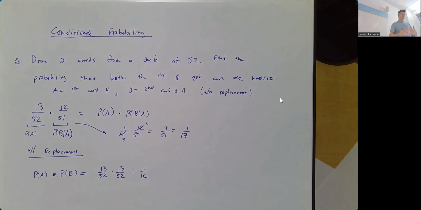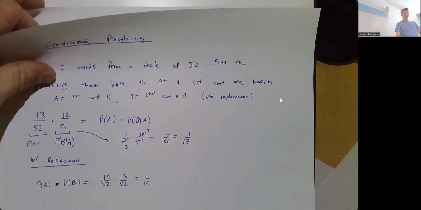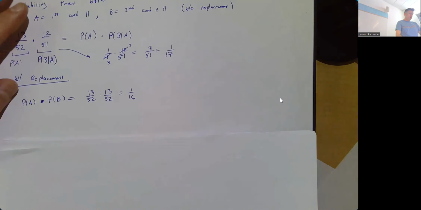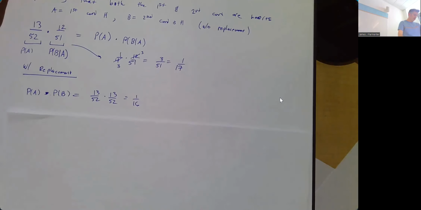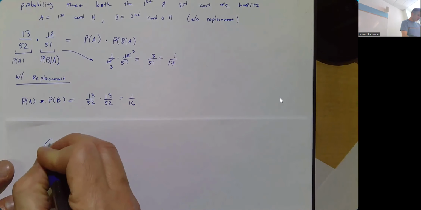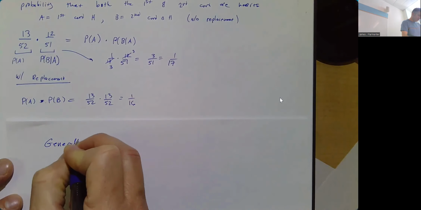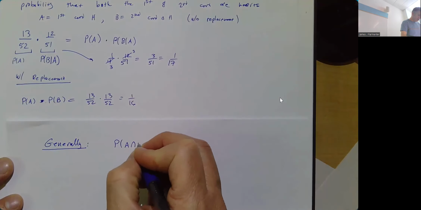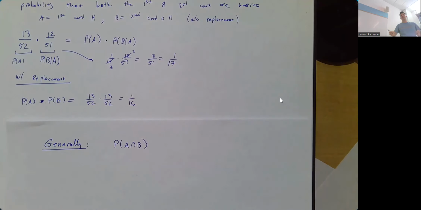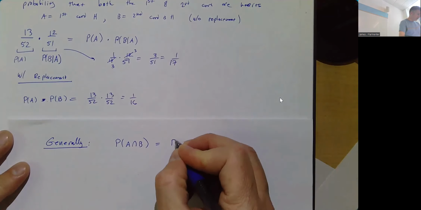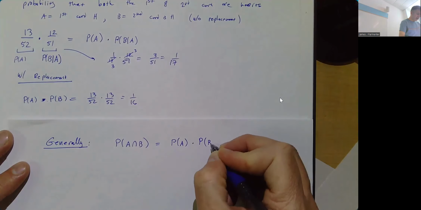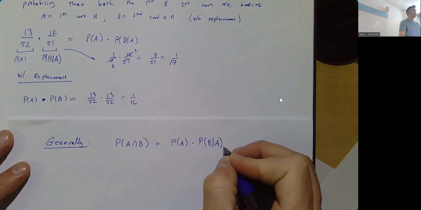So, couple things, and here are some formulas I'm going to throw at you. Generally, the probability of A and B isn't the probability of A times the probability of B. It's the probability of A times the probability of B happening given that A already happened.